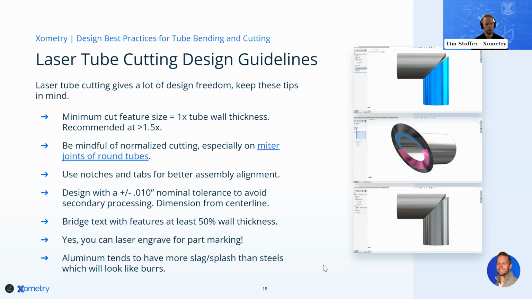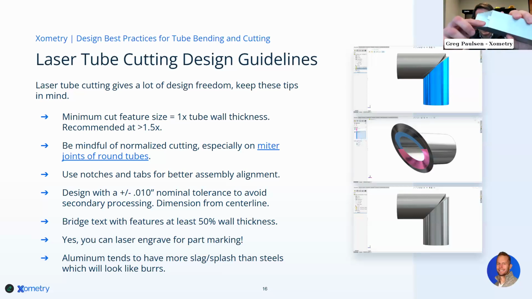Then lastly, aluminum, fantastic product. It's lightweight, high strength applications. I think we had a slide earlier that may have showed the difference on the types of cutting surfaces. I could show if my camera behaves, but you could see more striation. So when we're talking about slag, it's not burrs, it's melted stuff.